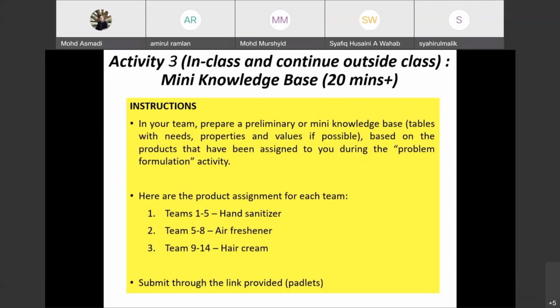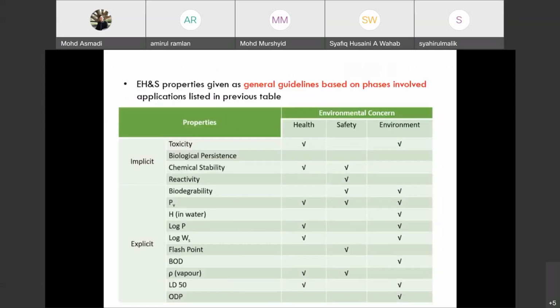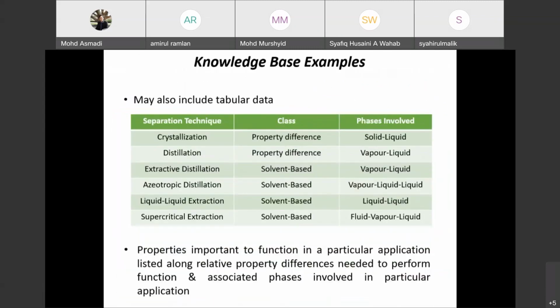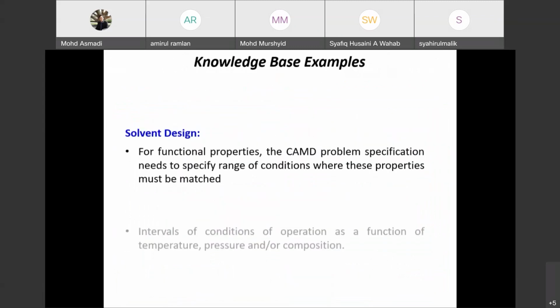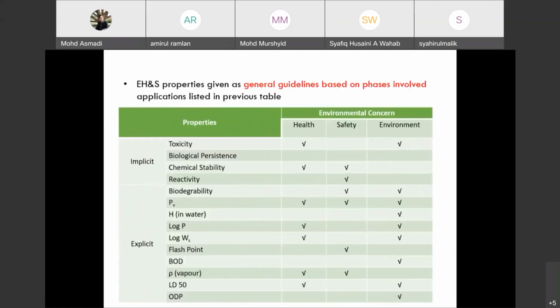Kalau hair cream dia punya constraints maybe too sticky lah. Kalau dia punya needs easy to spread on your hair, it is gonna be related with the kinematic viscosity lah. Okay, what else? Pleasant smell. Smell ni more to solvent saya rasa.